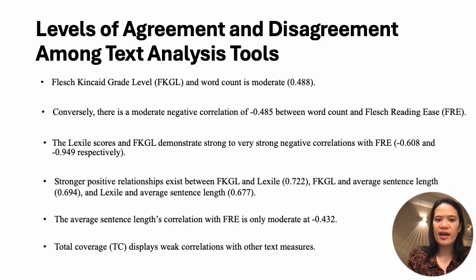Flesch-Kincaid grade level and Lexile have strong correlation, probably due to both using sentence length as one of their measures. However, average sentence length has only moderate correlation score with Flesch Reading Ease. Well, Flesch Reading Ease also has a similar correlation score with word count. Token coverage has weak correlations as it focuses only on word frequency.